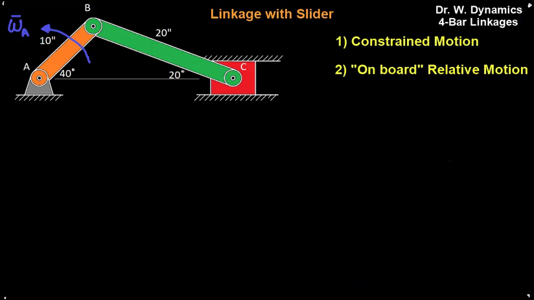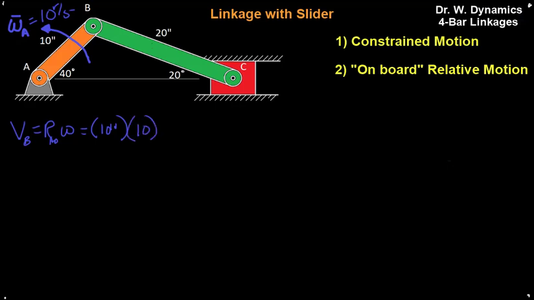Now that we understand the types of motion, we can solve this. So the velocity of B would be R AB omega, which would be 10 inches, and we're being told that omega A is 10 radians per second counterclockwise here as shown.